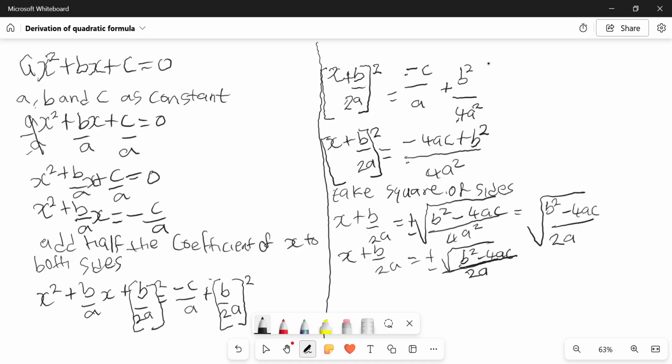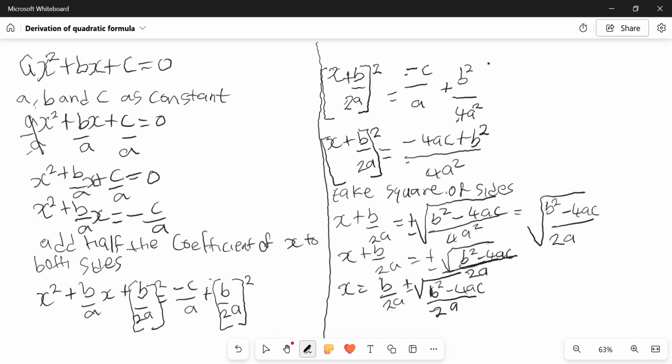So let your x stand alone. When x stands alone, it becomes minus b all over 2a plus or minus root b squared minus 4ac all over 2a.